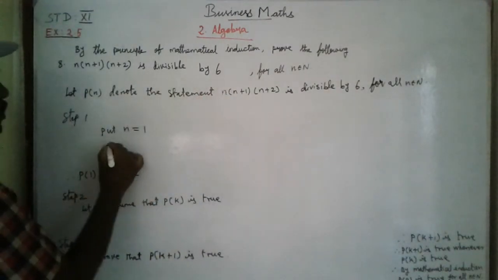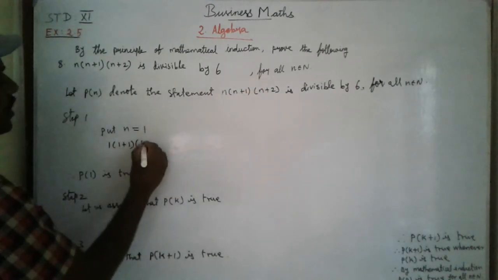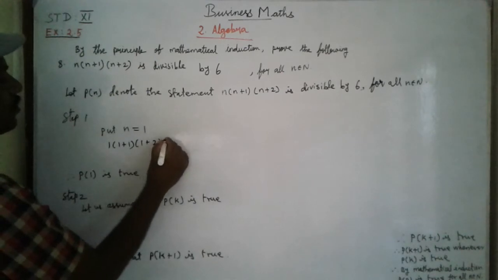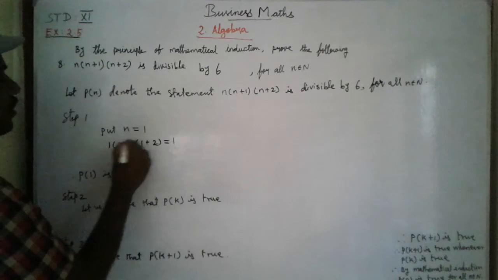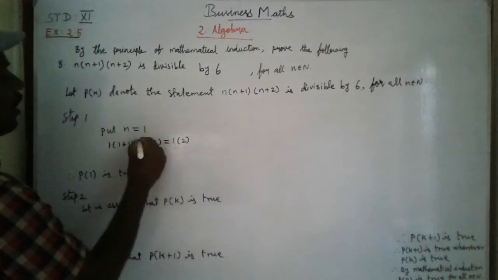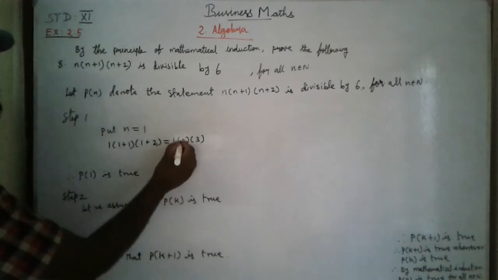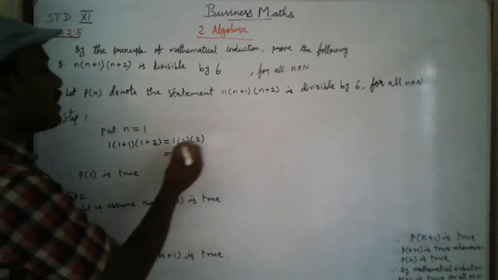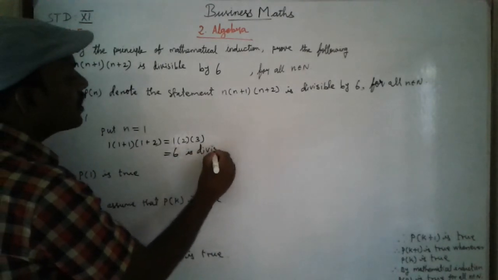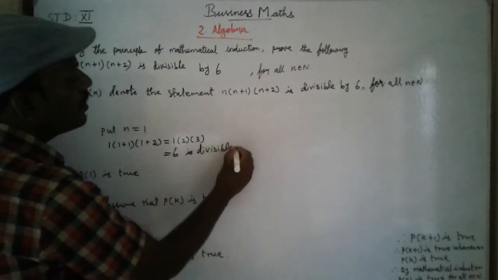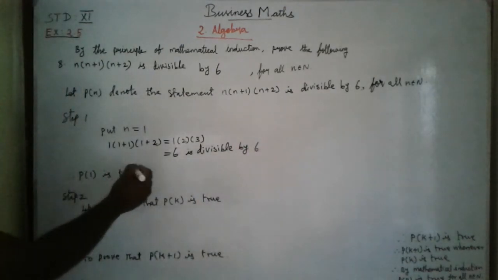We substitute 1 into 1 plus 1 into 1 plus 2, which is 1 into 2 into 3, equal to 6, which is divisible by 6. Therefore p of 1 is true.